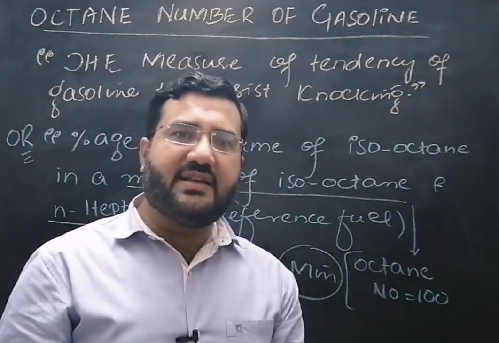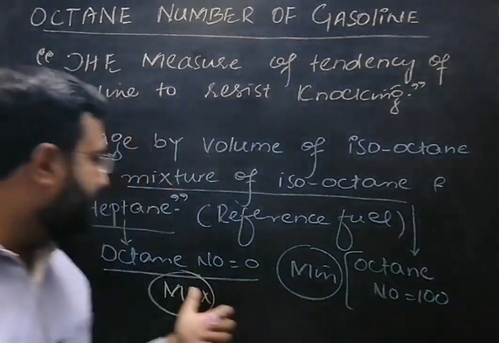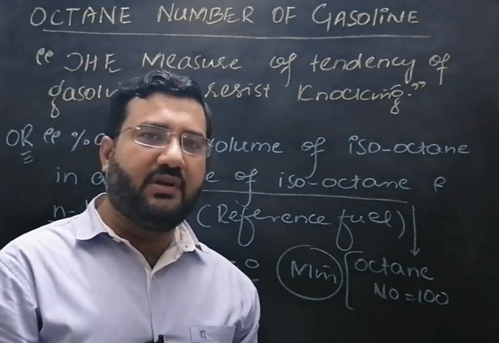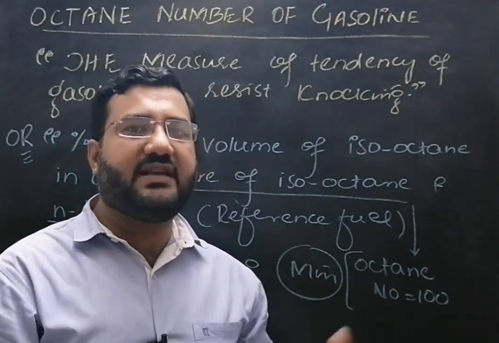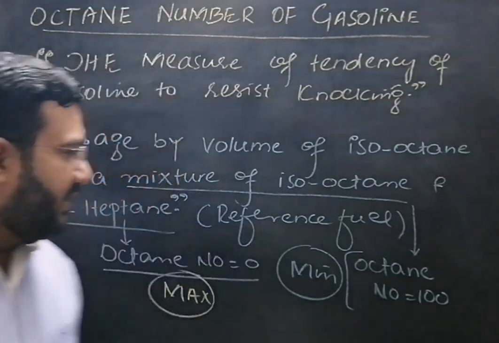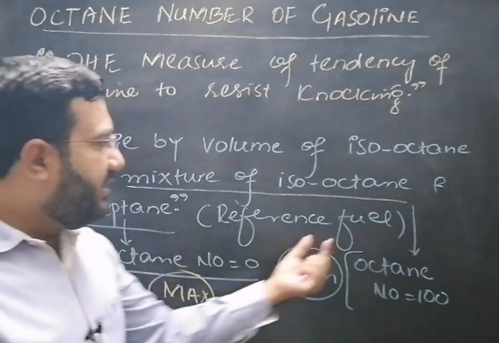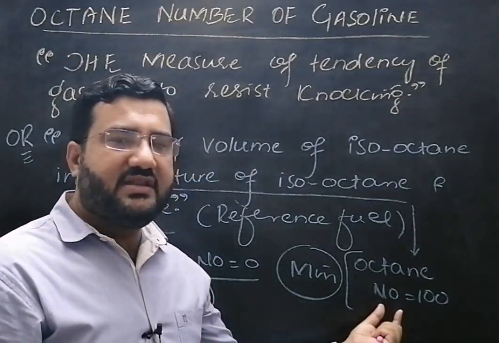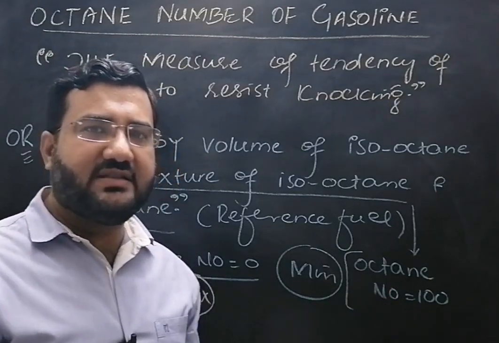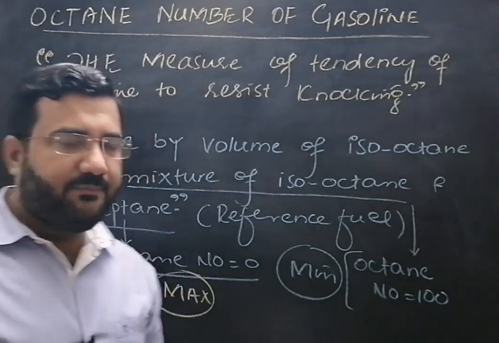So a mixture of these two extremes, 100 and 0, is prepared and used as a reference fuel, which is compared with the given sample of the gasoline in their anti-knocking ability. Now these octane number 0 and octane number 100, dear students, are arbitrarily selected values. They have no basis, these are simply arbitrarily selected values.